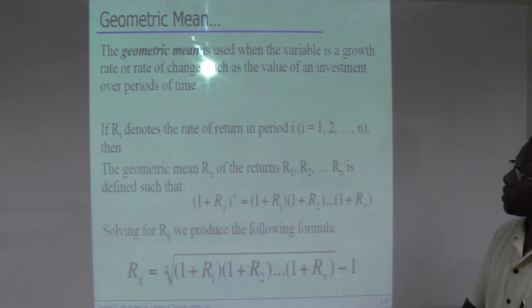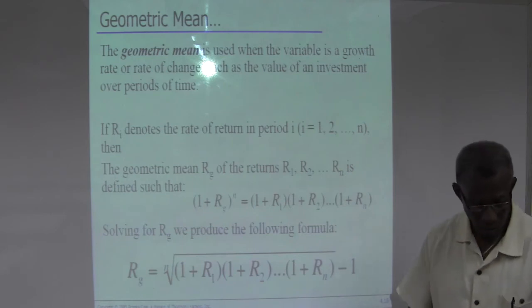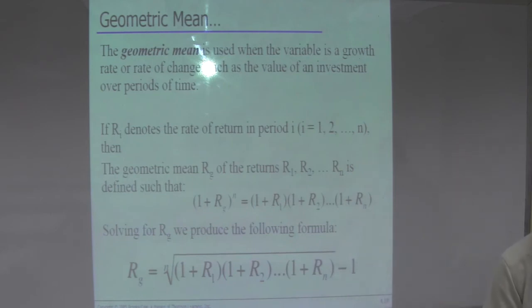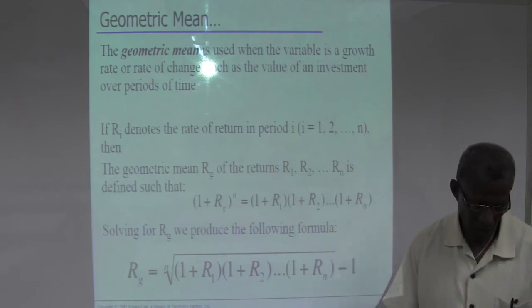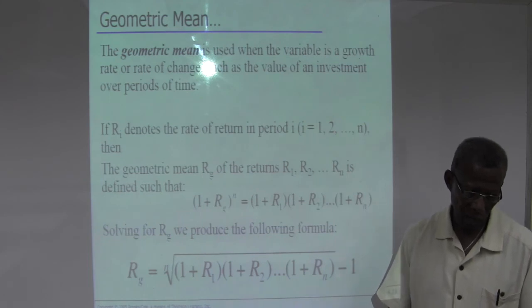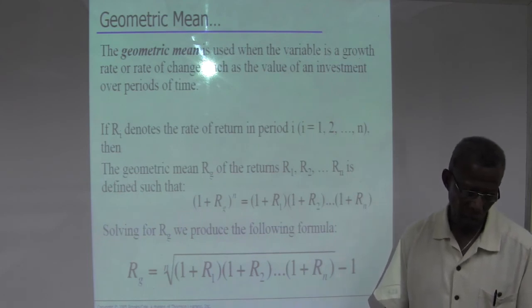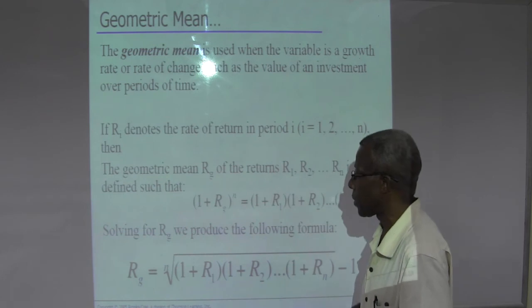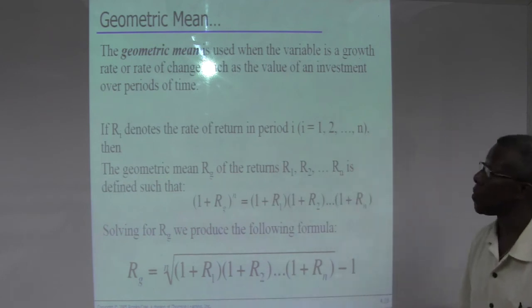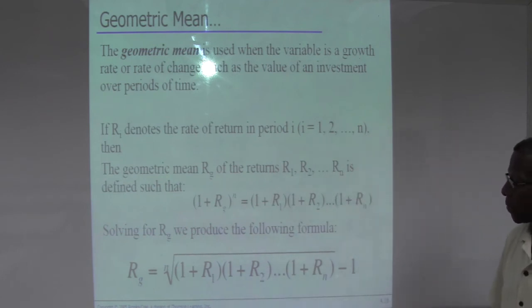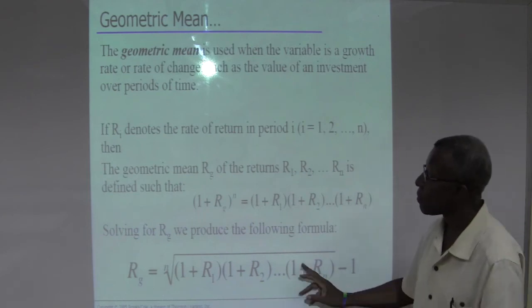That gives you the geometric mean. This would better be demonstrated by an example which follows, as to the usefulness of the geometric mean, and also an example of how to do this.